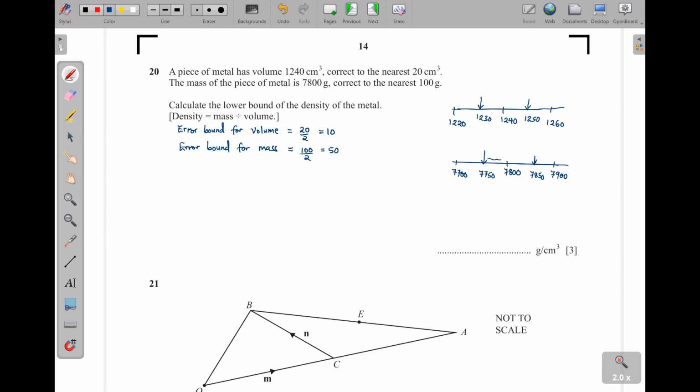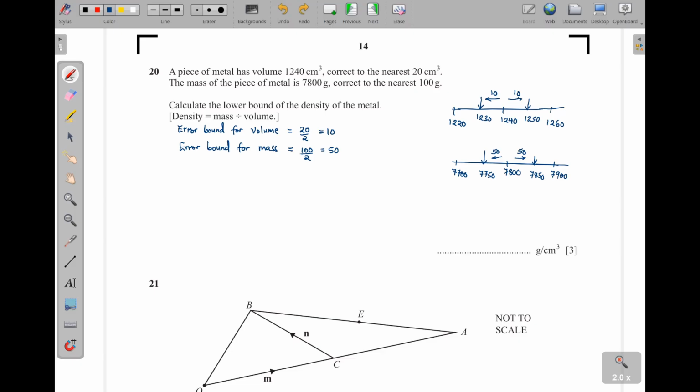So all of these, when you round them off, can give us 7800, and also the ones below this. So we are going halfway here, this will be 50, and we also go halfway this way, 50. This way we went 10, and also this way we went 10. That's why we say the error bound, we get these ones and then we divide them by 2.